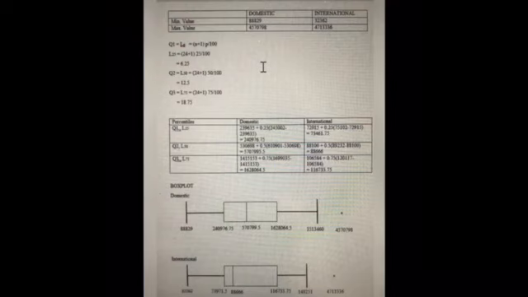After that, compute quartile 1 minus IQR and quartile 3 plus IQR. Any value smaller than quartile 1 minus IQR or greater than quartile 3 plus IQR is labeled as an outlier.